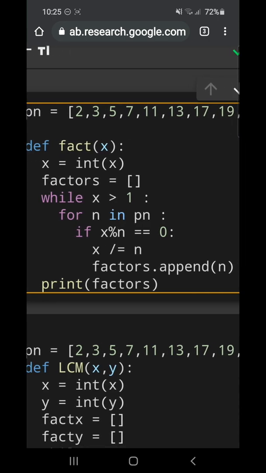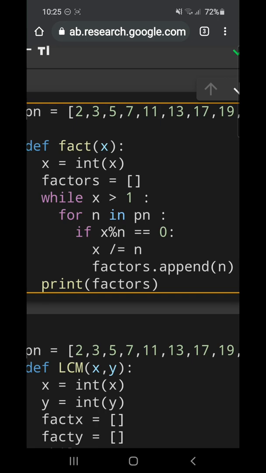For every object in Pn, if the remainder of x divided by n comes 0, then we have to divide x by n. The prime number which can divide x down to 1 is one of the factors of the number which we have to factorize.